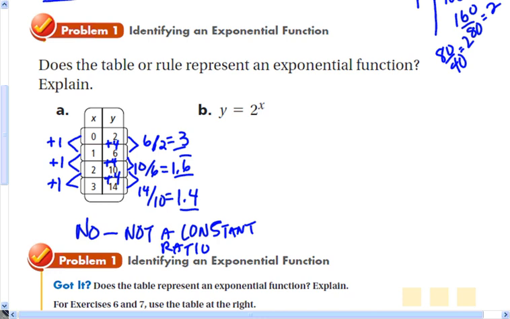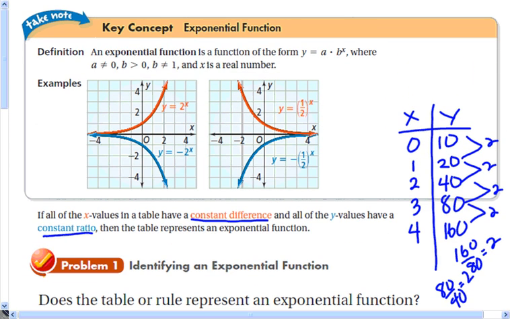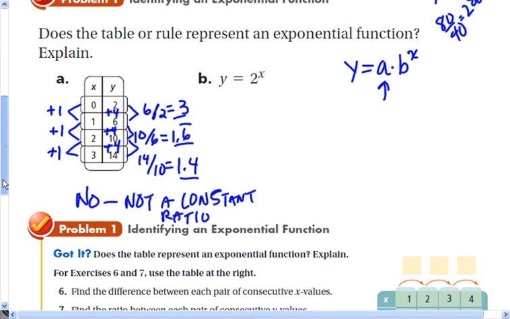All right, the second one, this is an equation, and what we learned from the definition is we have to be able to write the equation like this, a times b to the x, where a is not equal to 0, and b is greater than 0, and b is not equal to 1. So we could change this to 1 times 2 to the x.